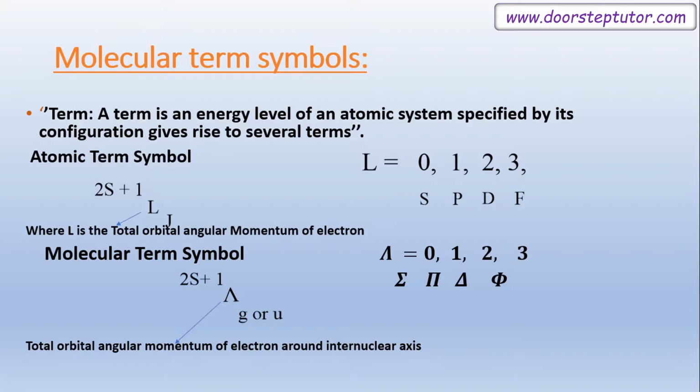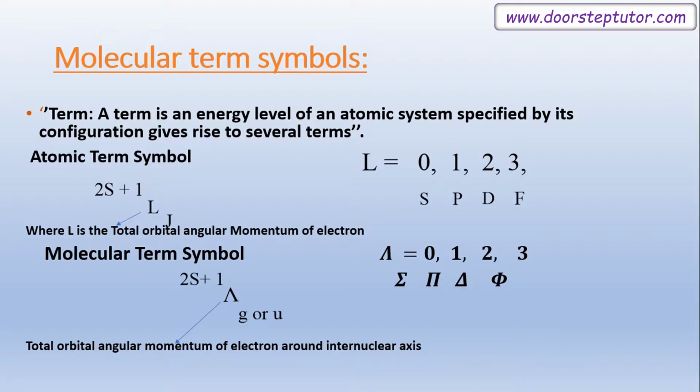Here you can see if the lambda value is 0, we represent it as sigma. If the lambda value is 1, the term symbol is pi. If the lambda value is 2, the term symbol is delta. The lambda value is 3, the term symbol is phi.